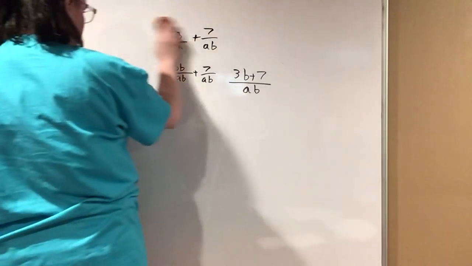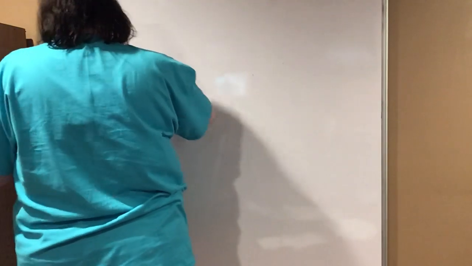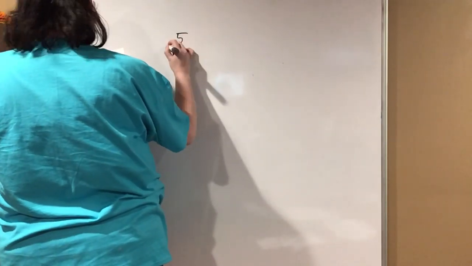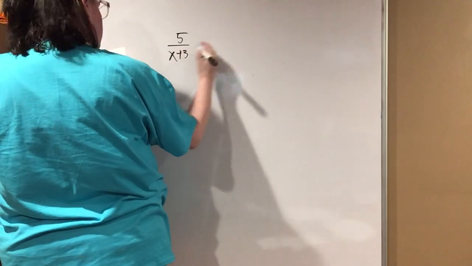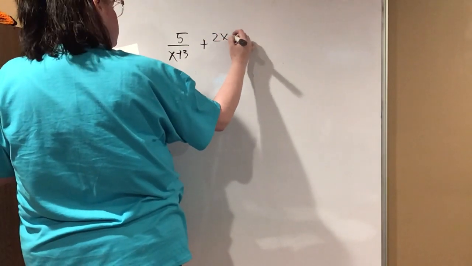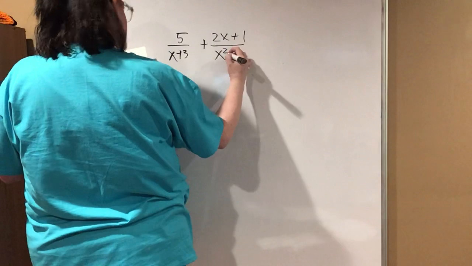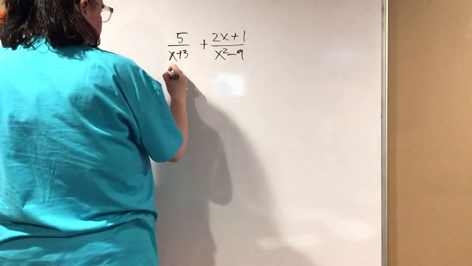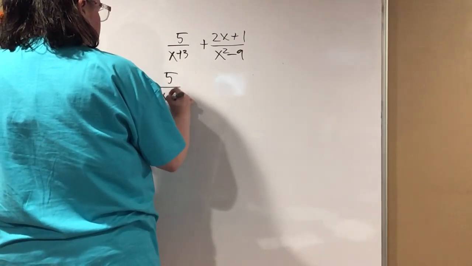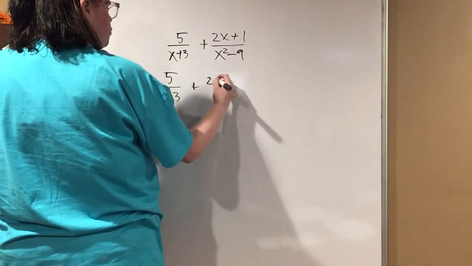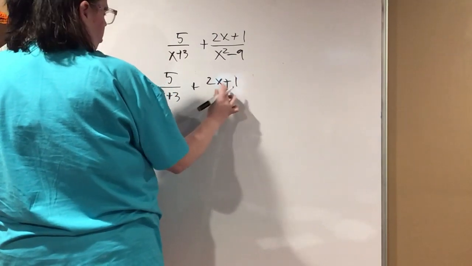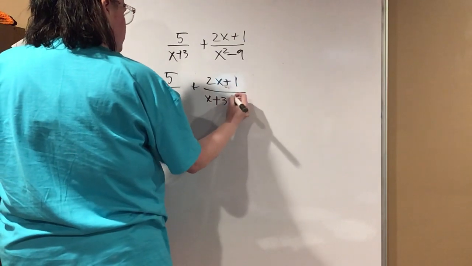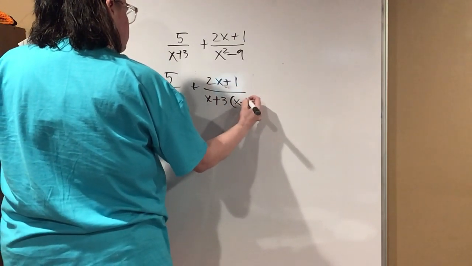So now that we've done that, that's adding. Let's try one that looks like this: 5 over x plus 3 plus 2x plus 1 over x squared minus 9. We can factor this one, so I'm going to rewrite it as 5 over x plus 3 plus 2x plus 1 over, difference of squares, x plus 3 and x minus 3.